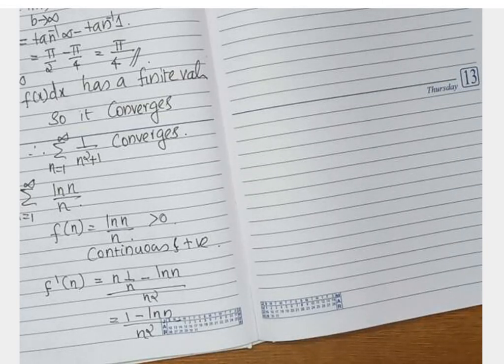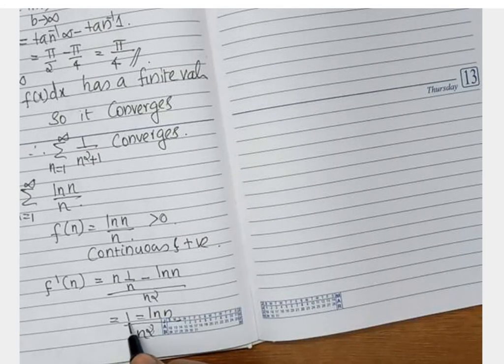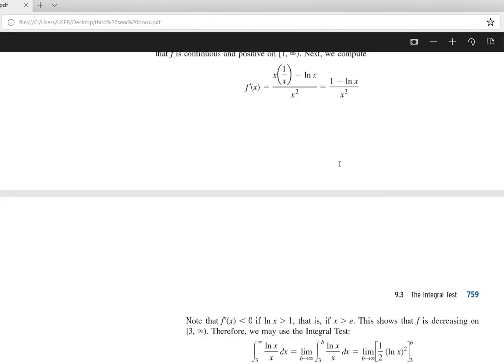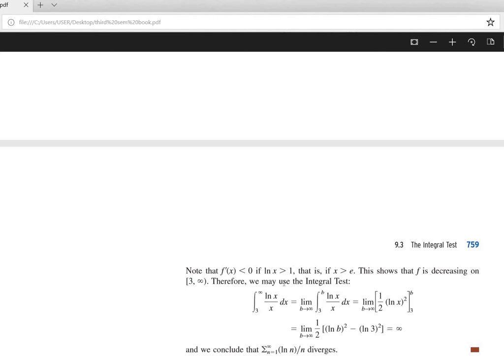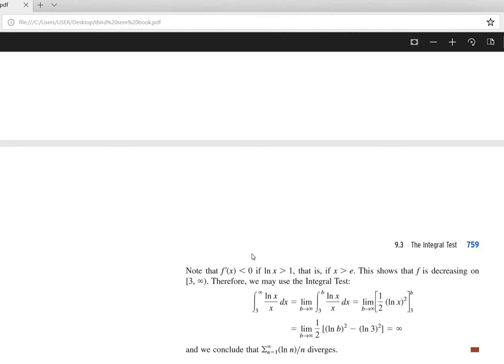Look in the textbook for how they showed that: if log x is greater than 1, that is, log n is greater than 1, then f dash x is less than 0. f dash n is less than 0.